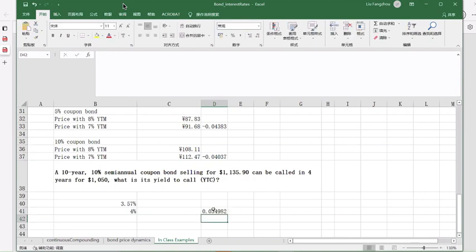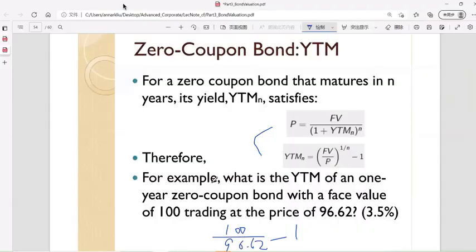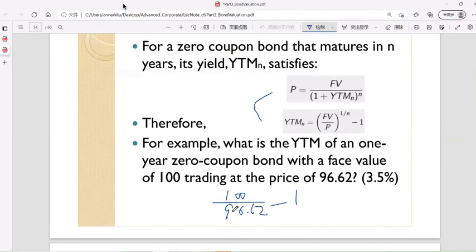Right, that's 3.5%. Okay, so in the end, the yield to maturity is this one: the future value divided by the price, minus 1.